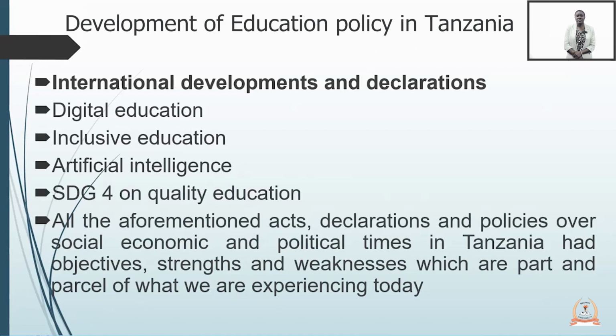So all these aforementioned acts, declarations, and policies of socio-economic and political times in Tanzania had objectives which were relevant to the specific times. They also had strengths and weaknesses, which are essentially part and parcel of what we are experiencing today in our education system.